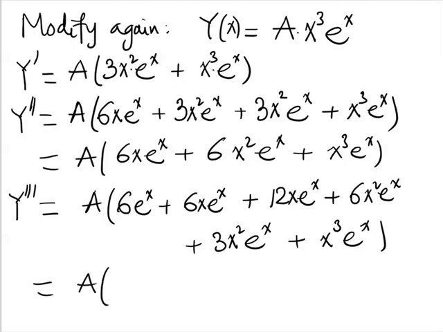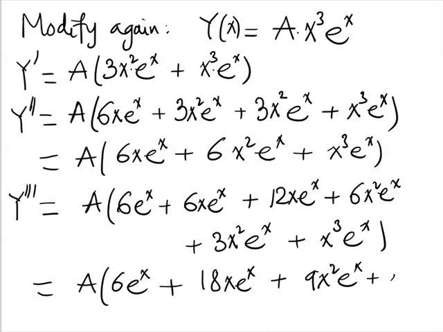Collect like terms, we have 6 e to the x plus 18x e to the x plus 9x squared e to the x plus x cubed e to the x.